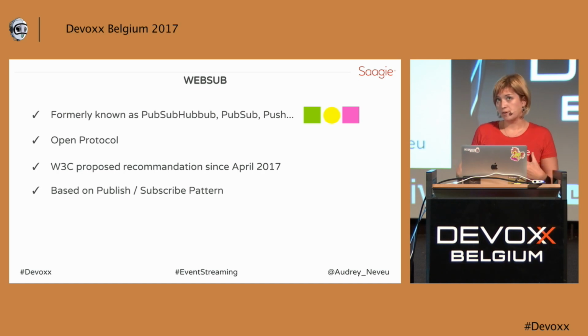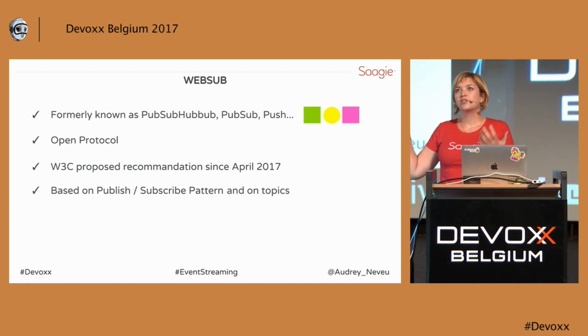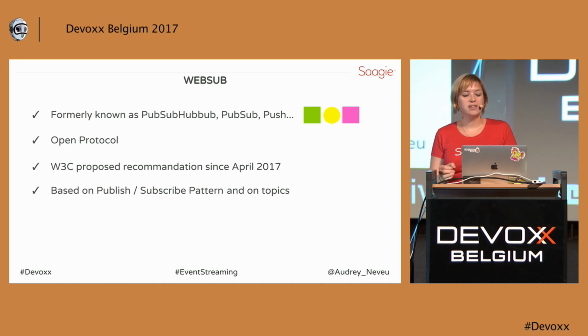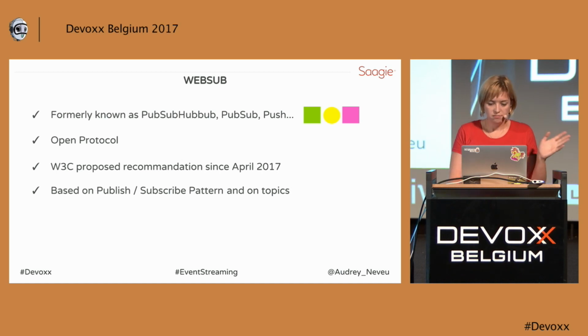So it's based on the publish-subscribe pattern. You will find a lot of common things with webhooks, but it's also based on topics. Basically, a topic is just a resource, but you will find this very often in documentation, so I think it's quite nice to just know what it is exactly.